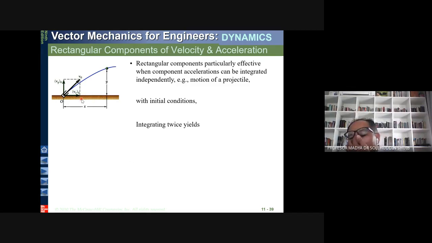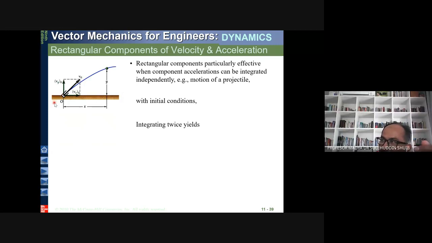All right, another one. I think this concept is not new to you. You've been exposed to this type of problem as early as high school, which is projectile motion. I just would like to highlight the fundamentals of it. We have the rectangular components of acceleration, which we can integrate independently.